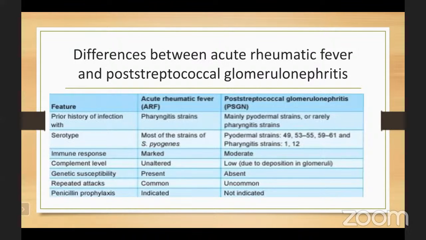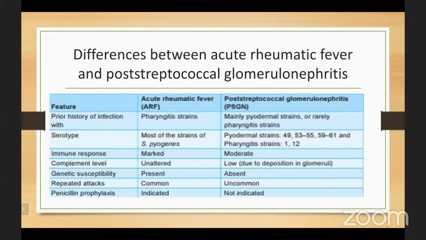The serotype of acute rheumatic fever is most of the strains of Streptococcus pyogenes. In post-streptococcal glomerulonephritis, pyoderma strains are 49, 53 to 55, 59 to 61, and pharyngitis strains 1 and 12. The immune response of acute rheumatic fever is marked, and in post-streptococcal glomerulonephritis, the immune response is moderate.